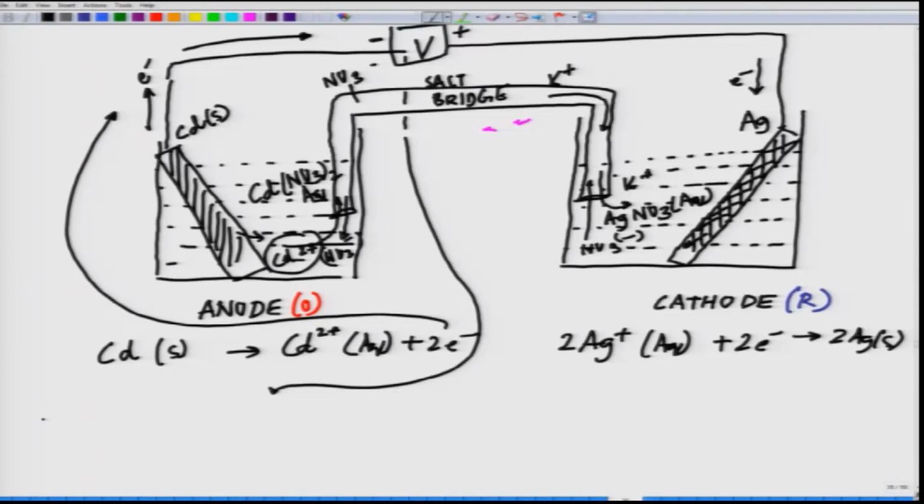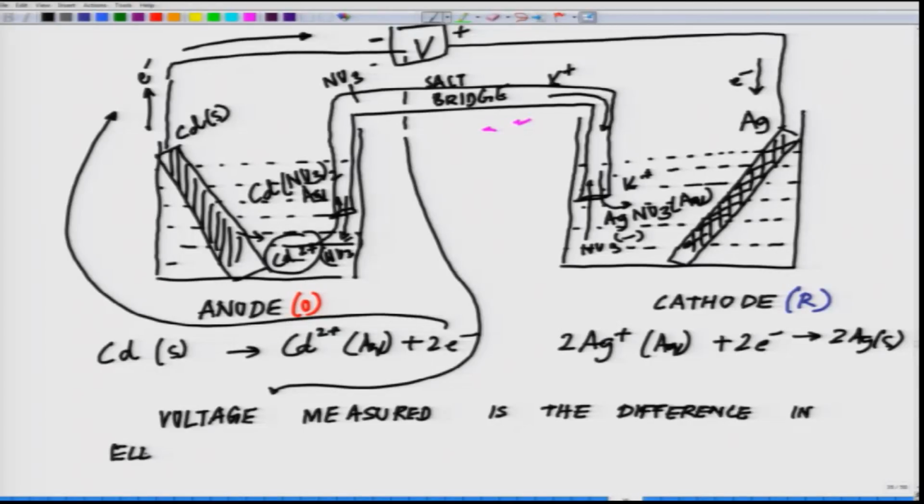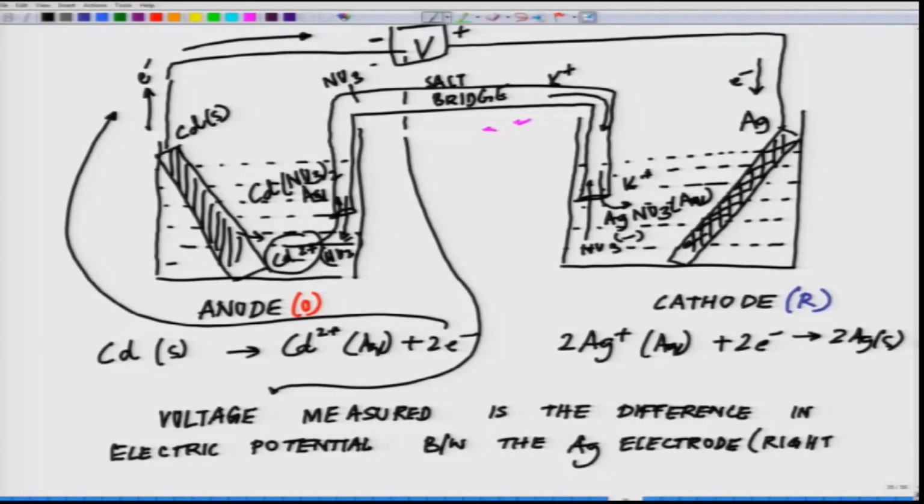The voltage measured is the difference in electric potential between the silver electrode that is on your right and the cadmium electrode that is on your left.